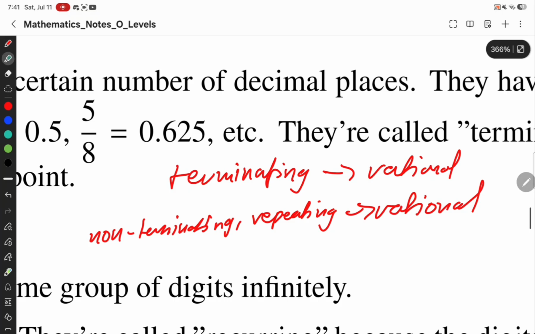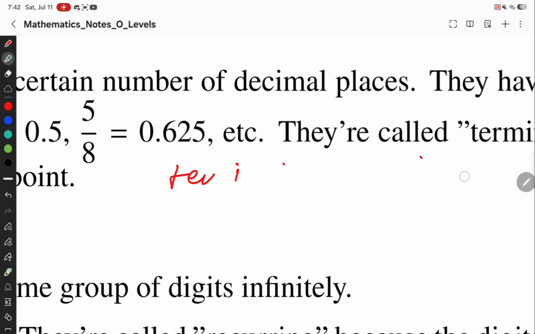Remember, if it's terminating, meaning it stops at a point, it is a rational number. If it is repeating, if you see that it's going on forever but it has a set pattern, example in 1/7, it is 1, 4, 2, 8, 5, something like this, but this pattern repeats on and on and on. This is non-terminating but repeating in a fraction, meaning a rational number.